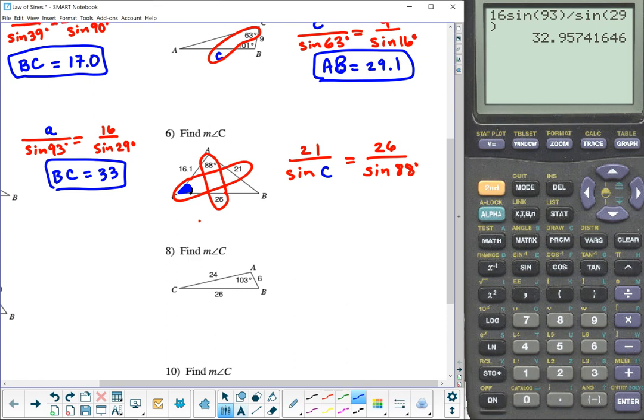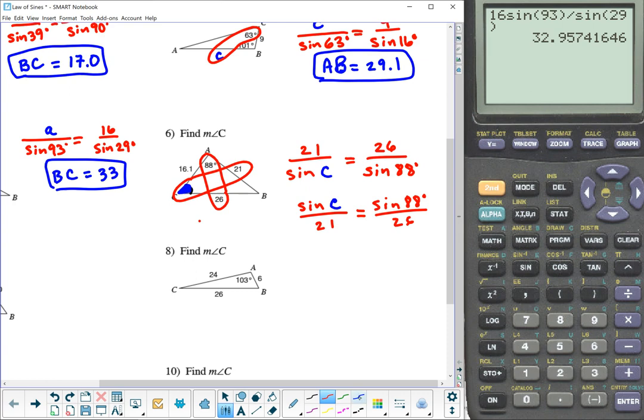I'm going to go ahead and do a quick flip because I want that C to be on top. Or, I mean, it's up to you how you want to do it. I'm going to call this sine of C over 21 equals sine 88 over 26.